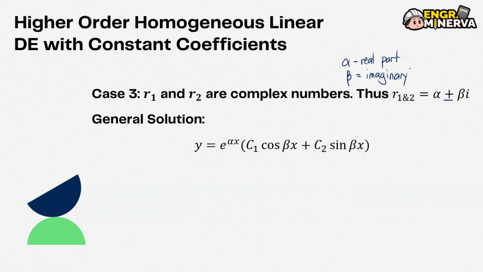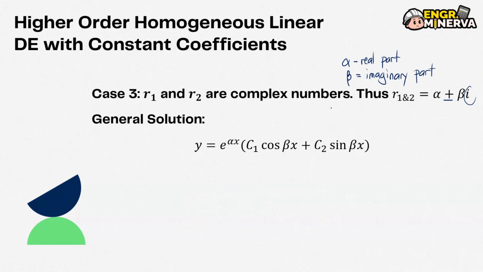So the beta is the number with an i. Take note that if you have complex numbers as your roots, they always come in partners. So it is always alpha plus beta i and alpha minus beta i.